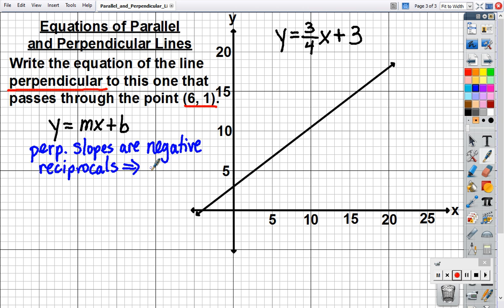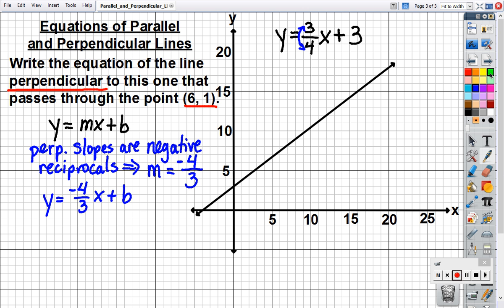So that implies that my m is going to be the negative of this, and then I'm going to flip the numerator and denominator. So my m is -4/3. All right? So now I have y equals -4/3 x plus b.